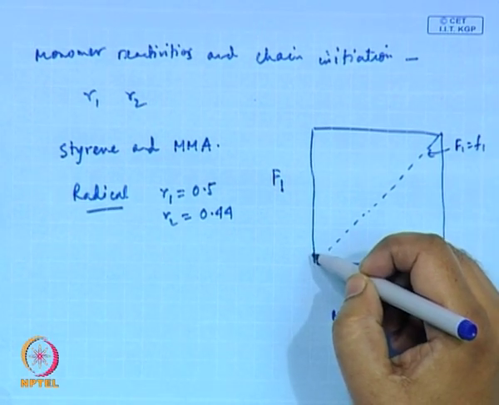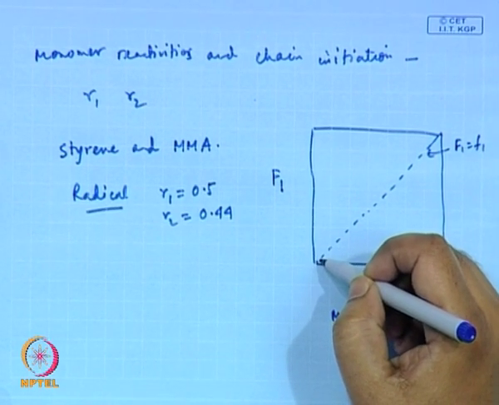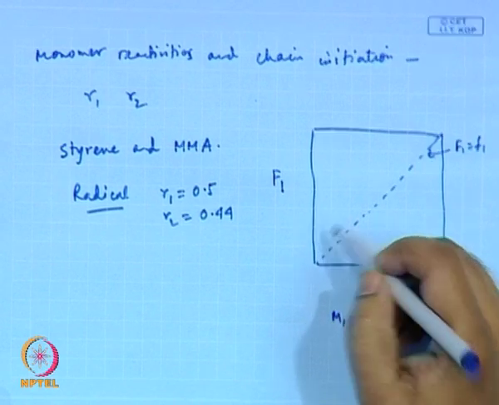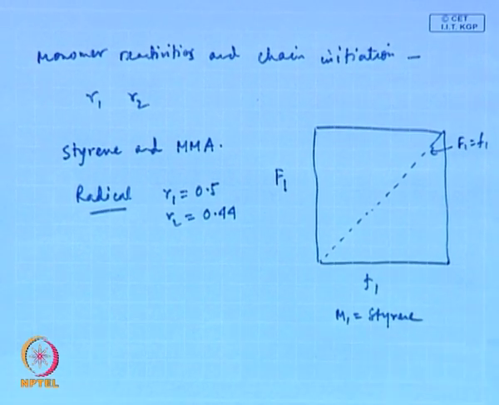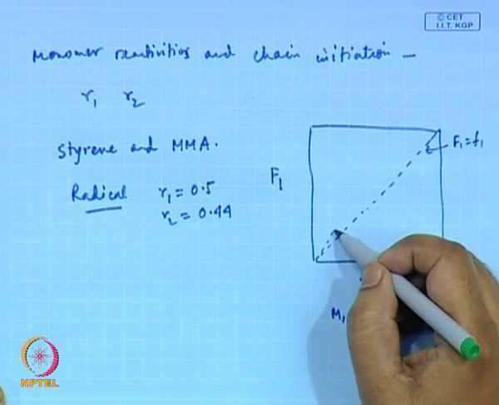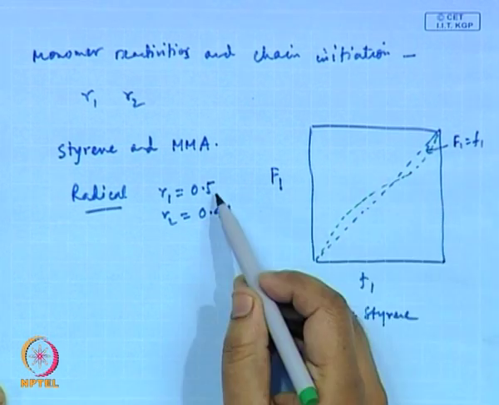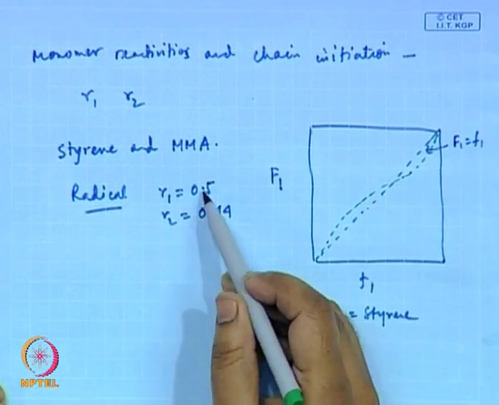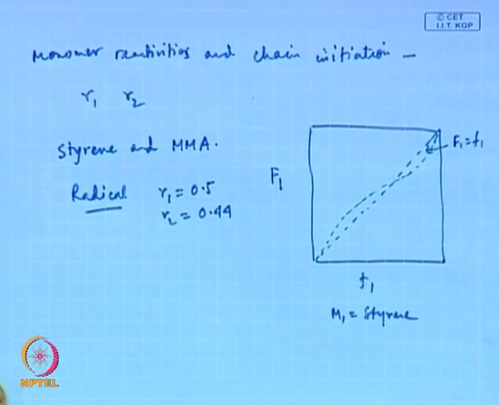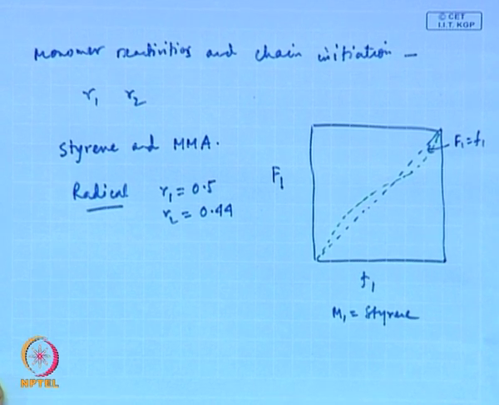Now, in case of radical copolymerization of styrene and MMA, it would look something like this. As you can see, R1 is less than 1 and R2 is less than 1, but their reactivities are not very different.